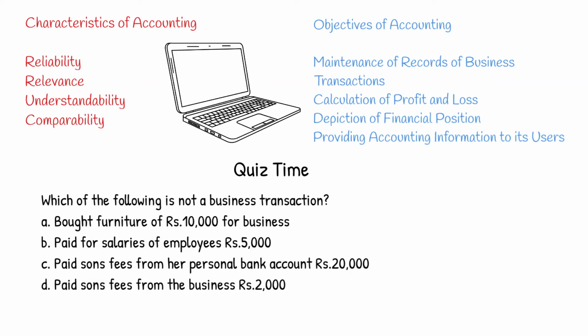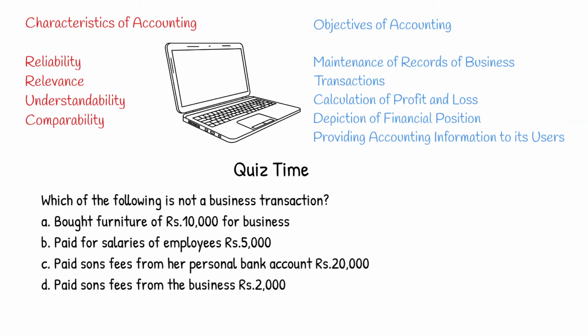I hope you have an answer in your mind, and let's understand each of the transactions in detail. Buying furniture for the business is a financial transaction. Paying salaries is again related to business and can be measured in monetary terms. Paying son's fee from a personal account has no relation to the business and its bank account.